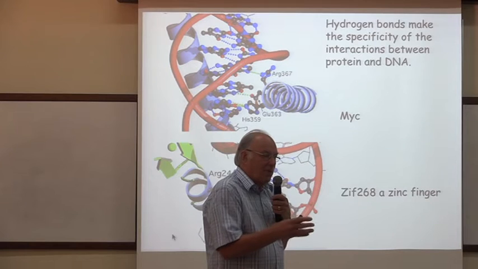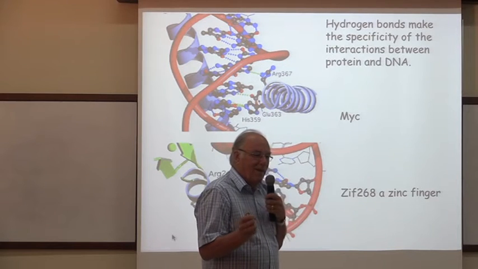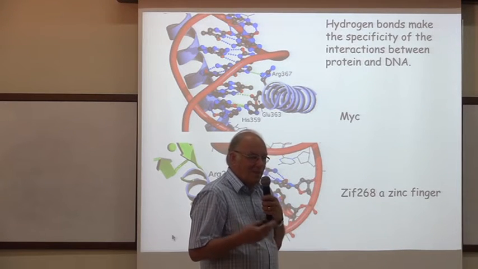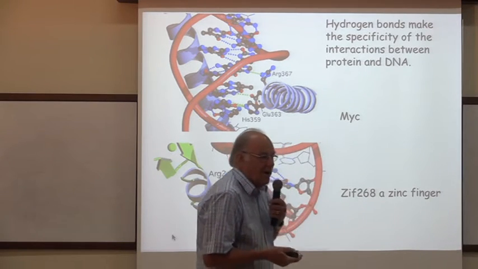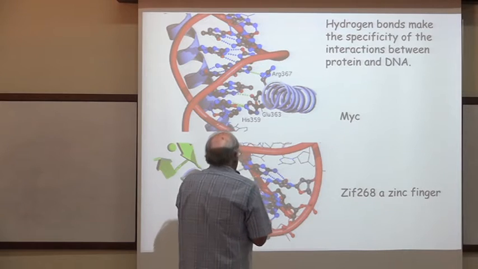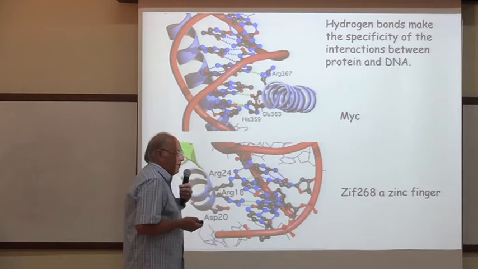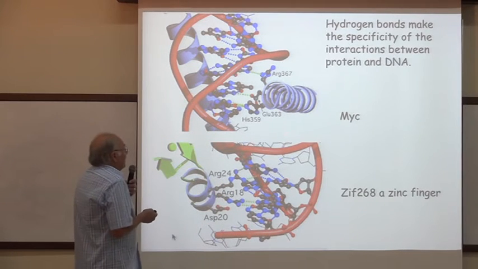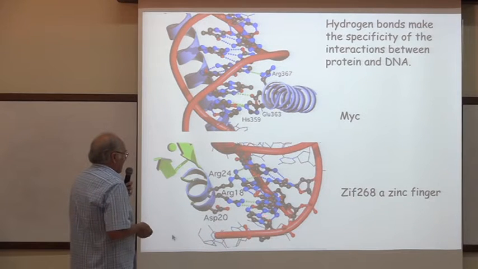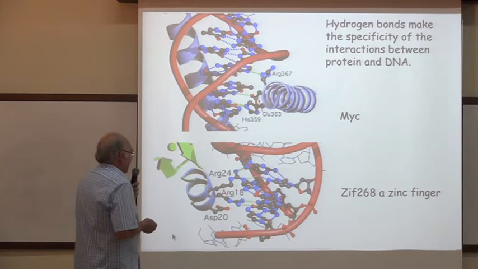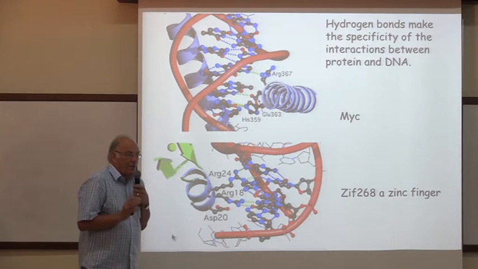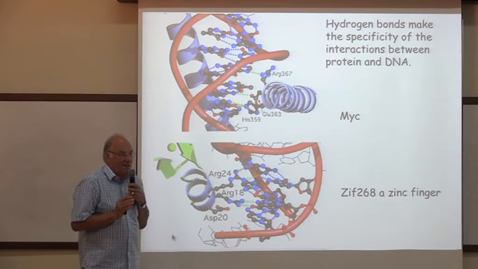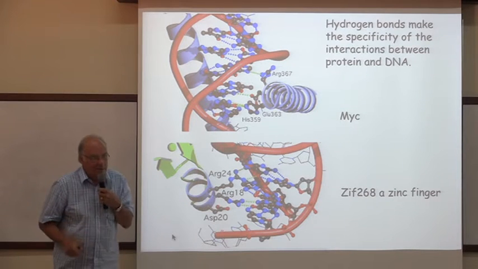So 3 or 4 nucleotides in a row here would make the pattern very, very specific, and a protein can recognize then a specific sequence by having the opposite type of acceptor or donor for hydrogen bonds. So this is one case, this is another case. You see lots of hydrogen bonds here between the protein and the DNA. So, I mean, proteins can read, to some extent, the DNA sequence.